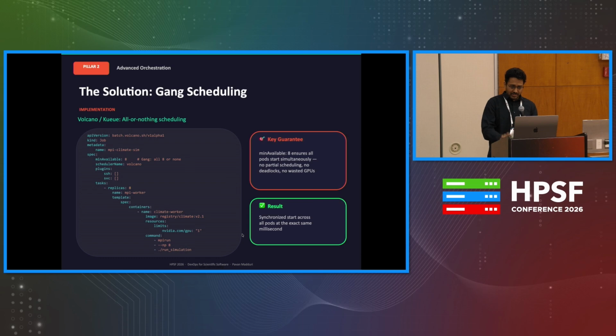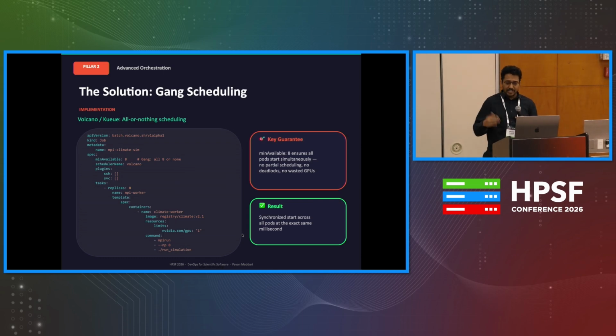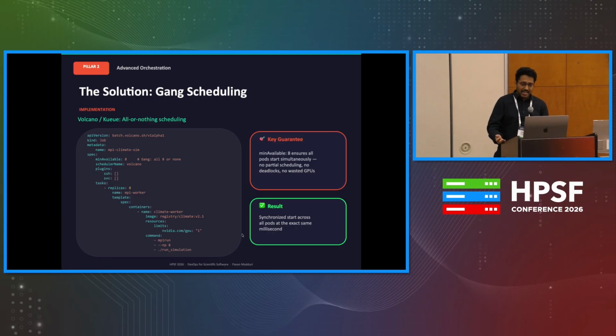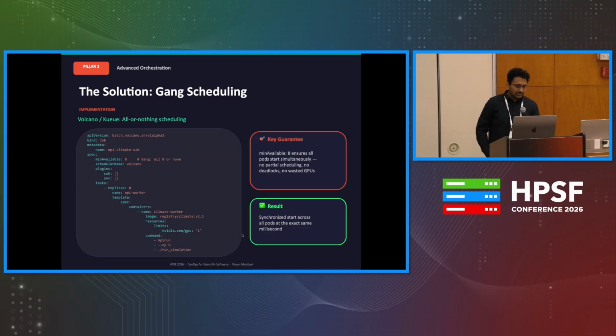That's where the solution is gang scheduling. We can implement tools like Volcano or Kueue. If you see the job manifest here, the replicas say 8. That guarantees exactly 8 replicas, and all will start simultaneously. It's all or nothing.